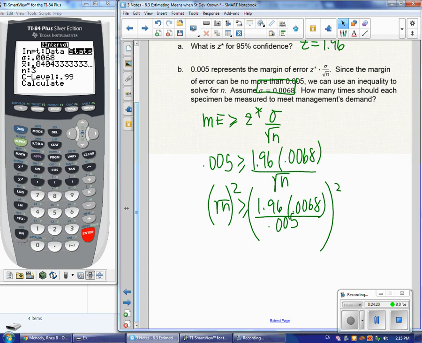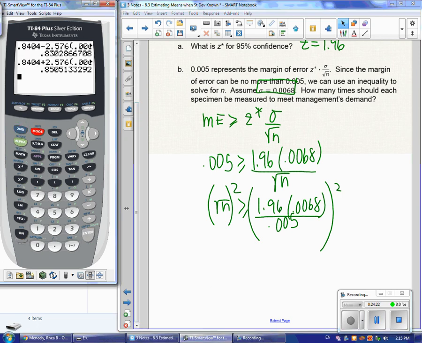And so on my calculator, if I go to my home screen, I'm going to put in parentheses 1.96 times 0.0068. I'm going to divide that by 0.005. That's my margin of error. And then I'm going to square both sides.